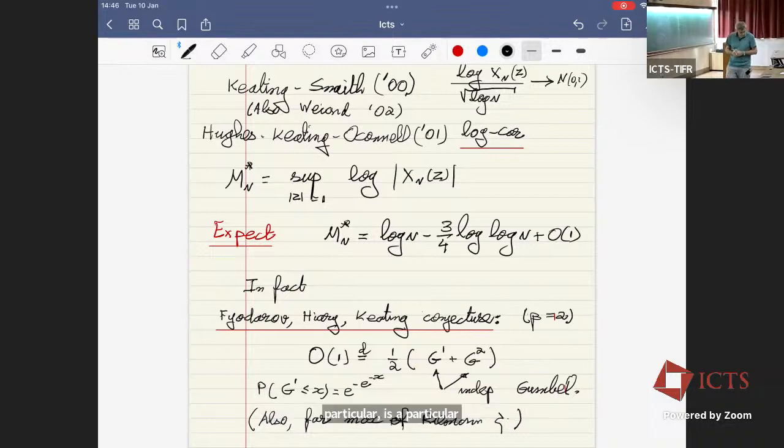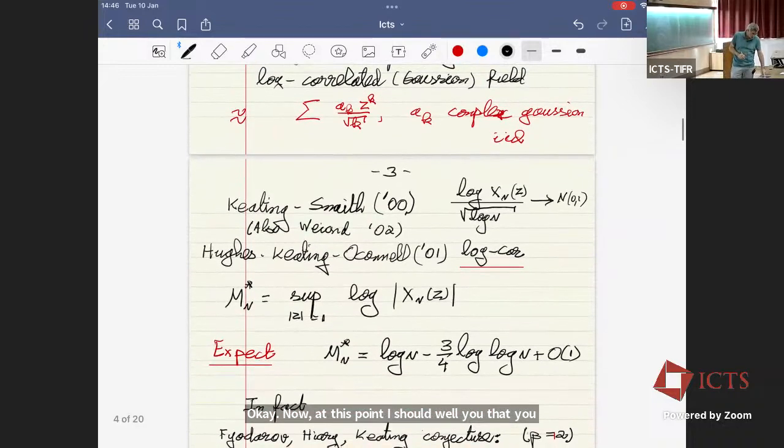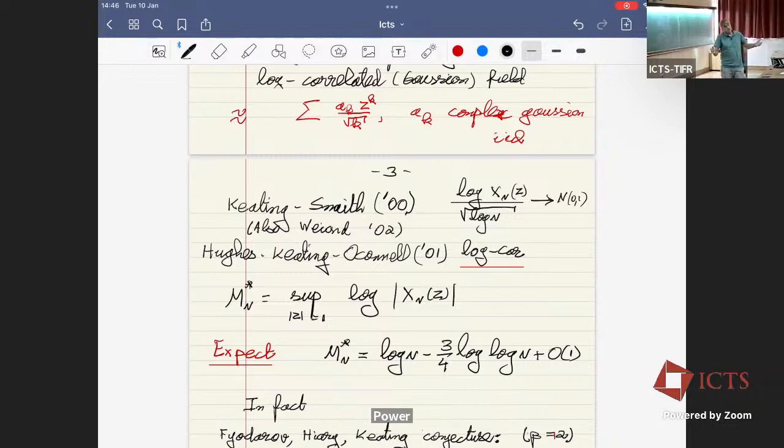Okay, now at this point, I should warn you that you should be very careful with this analogy, because at the level of the power series, of course, everything is symmetric. The maximum and the minimum are the same distribution at the level of the Gaussian power series. On the other hand, at the level of the log determinant, the minimum is minus infinity, because the roots of the characteristic polynomials are on the unit circle.